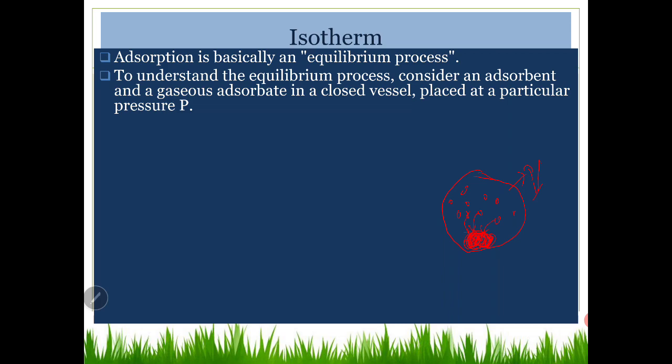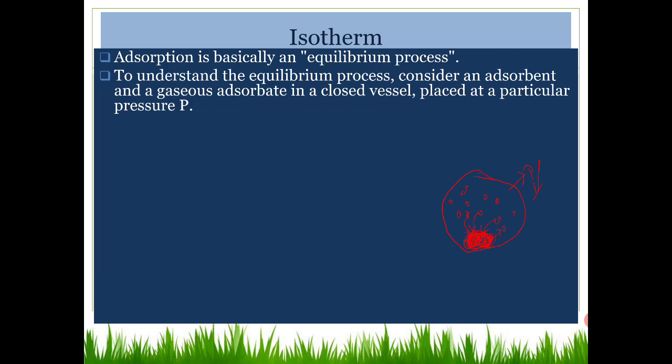Initially the pressure was constant, and then adsorption happens. And what does equilibrium process mean? Once the adsorption starts, you can expect desorption too. The molecules will be getting away from the adsorbent. That is what we call desorption. So adsorption happens, desorption happens, and there will be an equilibrium.